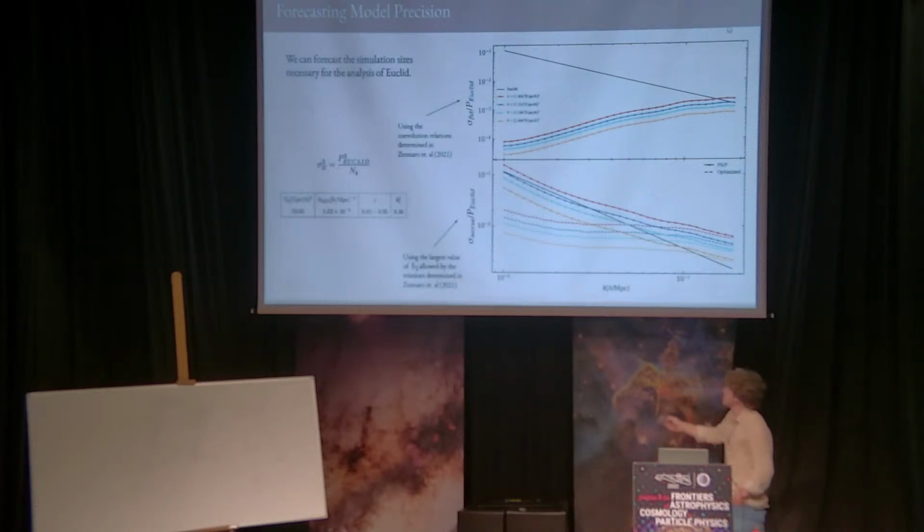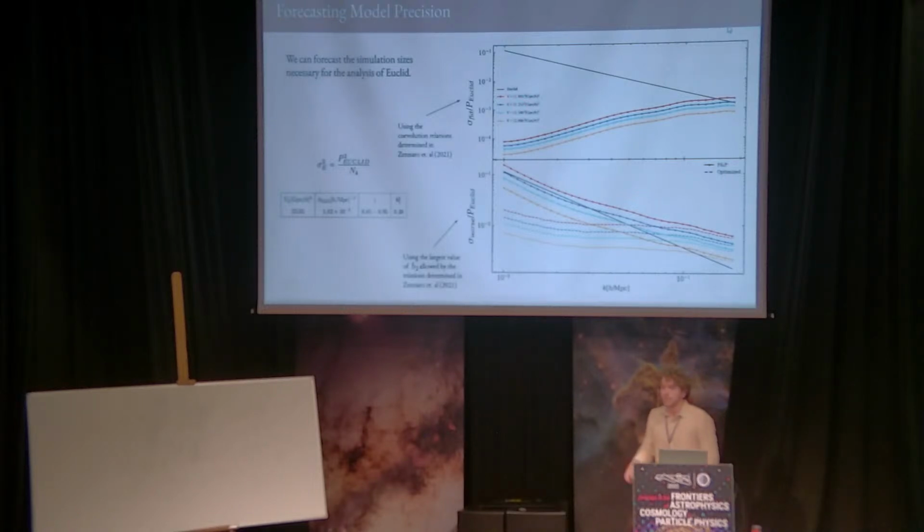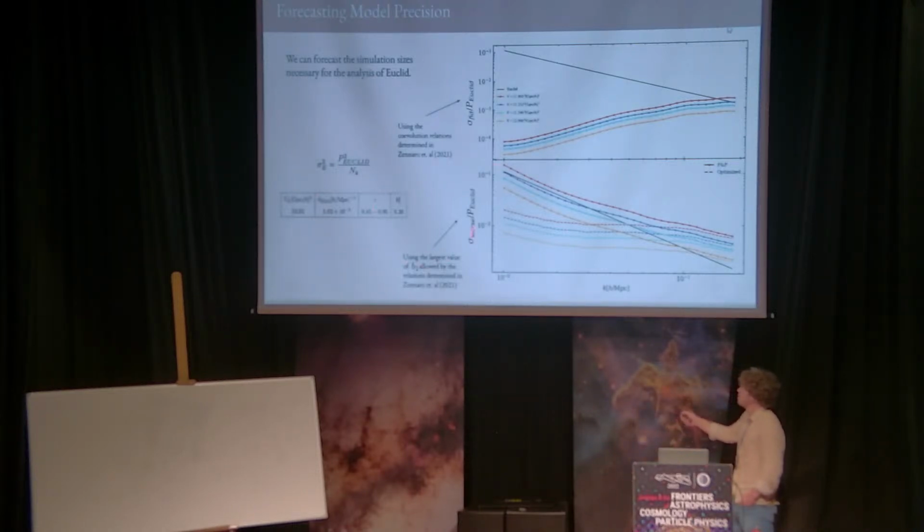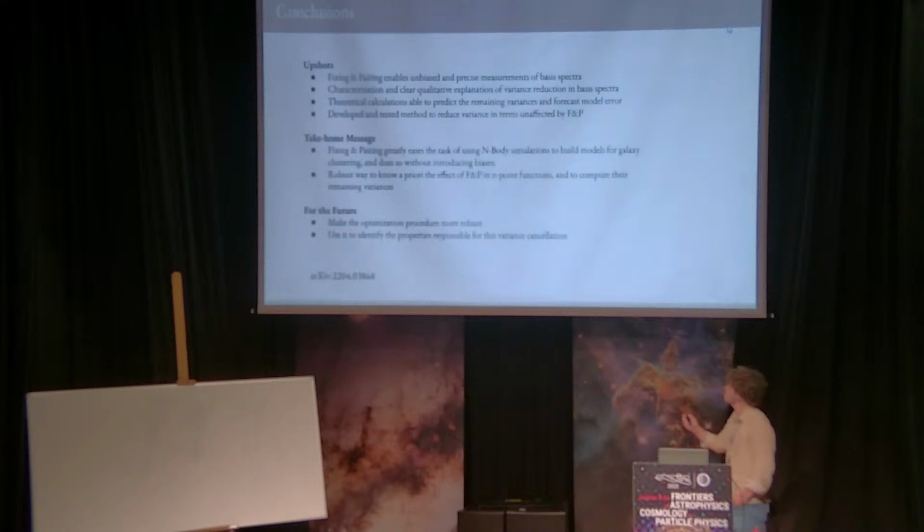But since we have fixing and pairing, you can see here that we can have simulations as small as essentially 2 gigaparsec cubed, so 10 times smaller than the volume that we're actually trying to model. And this is already enough to have essentially the error in our model coming from these numerical simulations under control. Of course, this depends a bit on the values of the biases that we use, but still, this is already a huge gain with respect to usual methods.